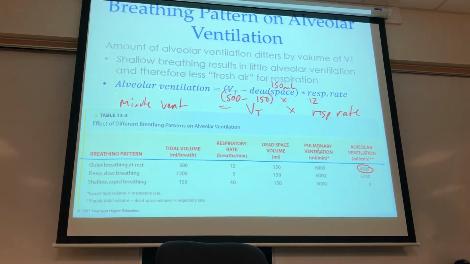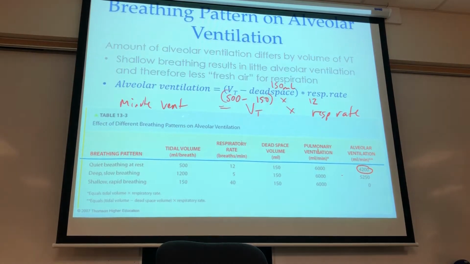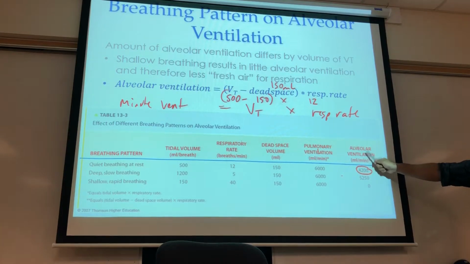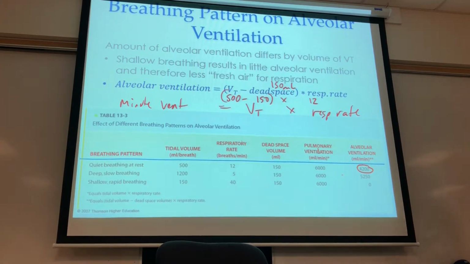If I were counting minute ventilation, it would be 500 times 12, which comes out to 6,000. So 4,200 divided by 6,000 should come out to 70%, right? So there we go, 70% making its way to alveolar ventilation.